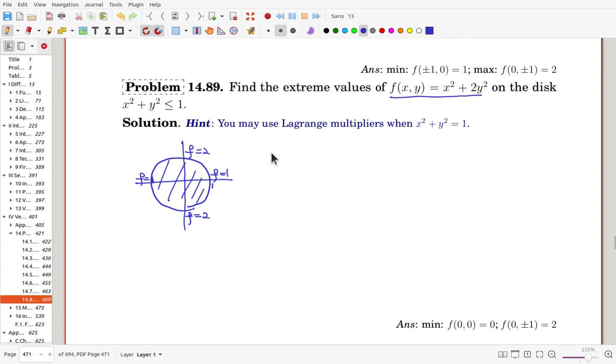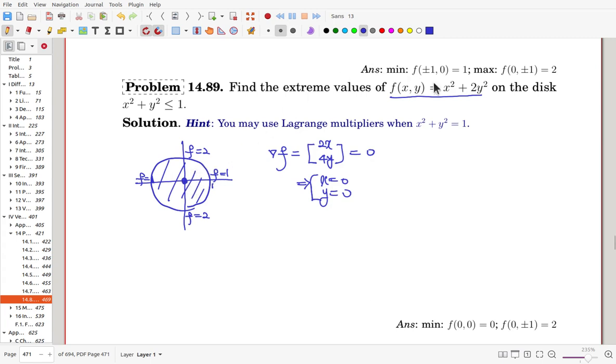In order to do that, we may check the critical points. Gradient of f is, x derivative 2x and y derivative 4y, equals 0. Then we get x is 0 and y is 0. So we have a single critical point over there, right?